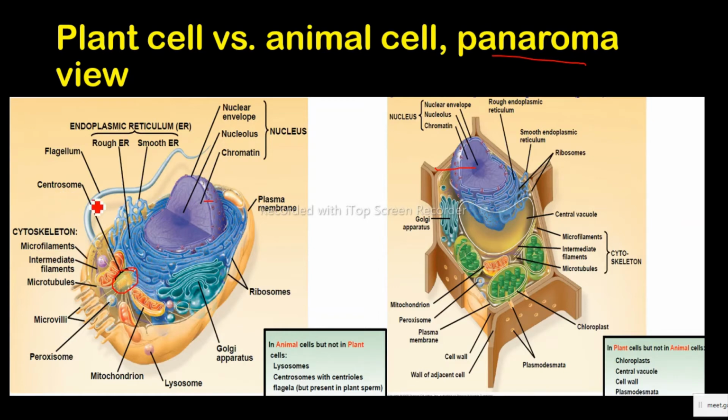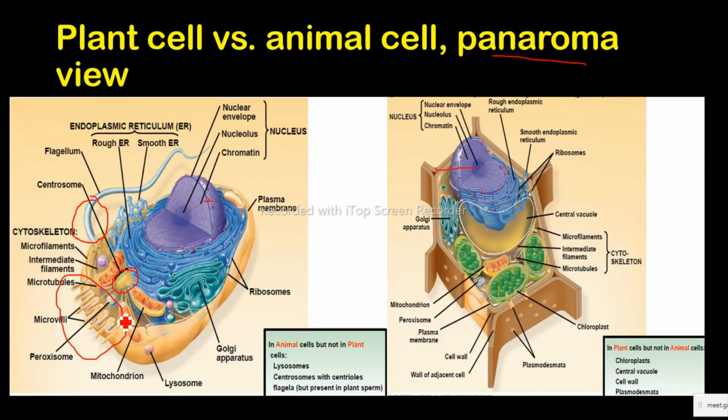You cannot expect to find flagella within a plant cell. However, there are some animal cells with flagella. For example, a sperm cell does have a flagellum. What is it for? Yes, that is it. You cannot expect to find microvilli, these extensions of the plasma membrane, within a plant cell.